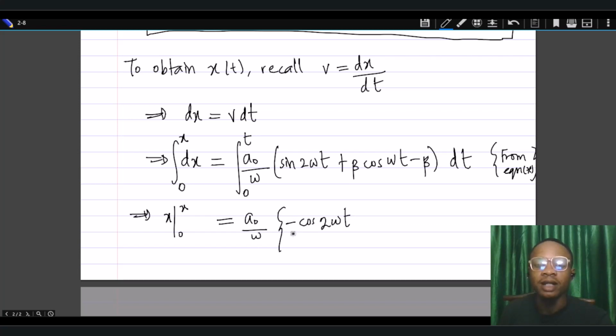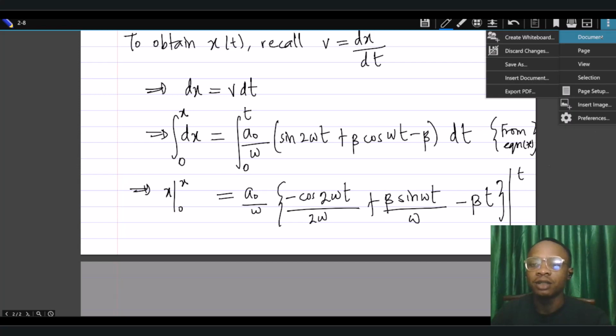Then we divide by the derivative of the argument, which is 2 omega. Then we have plus beta, a constant, cos omega t; the integral of cos is sine omega t, and we also divide by the derivative of the argument, which is omega. Then minus beta; beta is a constant, so that will be minus beta t. We close all of this, and of course we evaluate it from 0 to t.